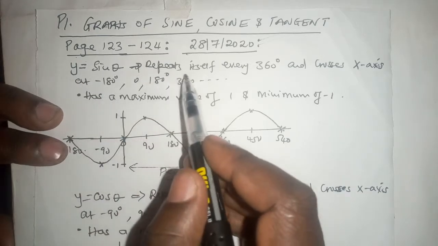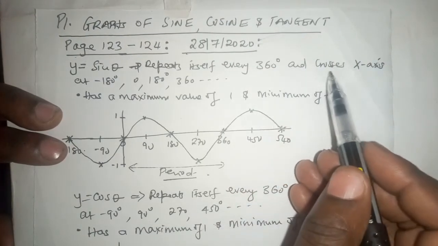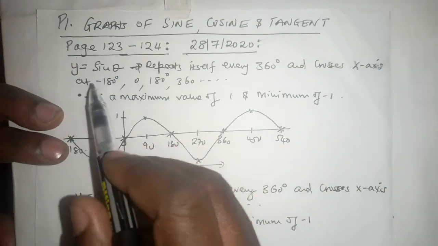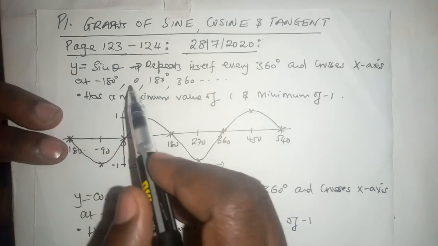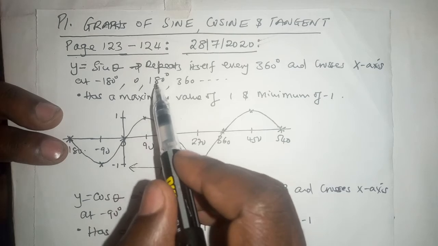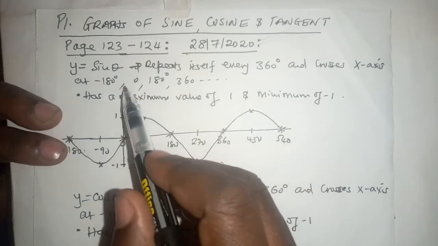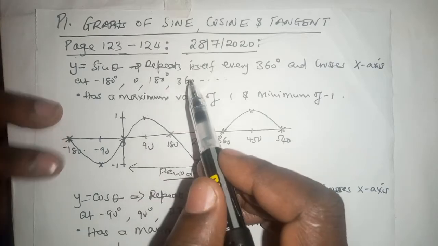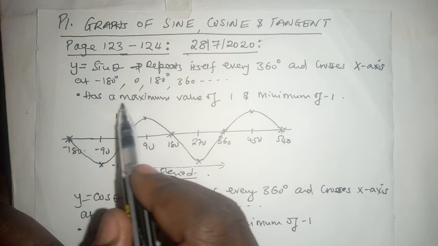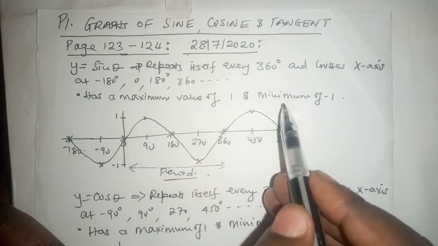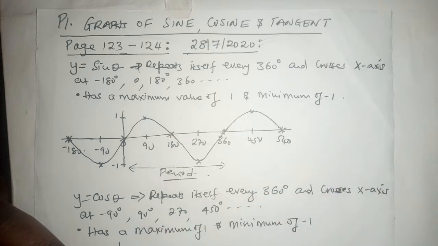This graph repeats itself every 360 degrees and it crosses the x-axis at theta equals negative 180 degrees, 0, 180 degrees, 360, moving forward. So you can see after every 180 degrees, it crosses the x-axis. It has a maximum value of 1 and a minimum value of negative 1.